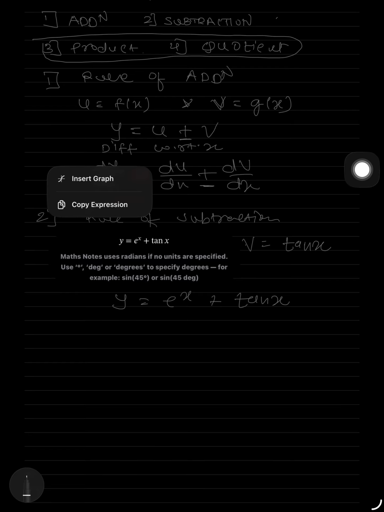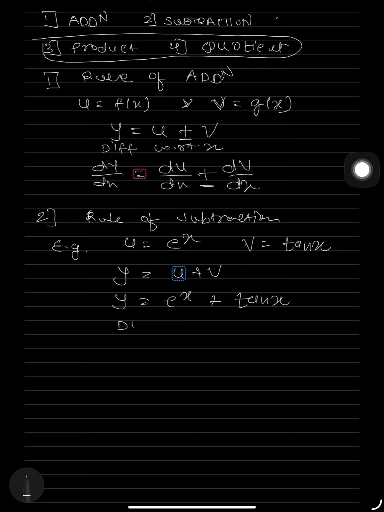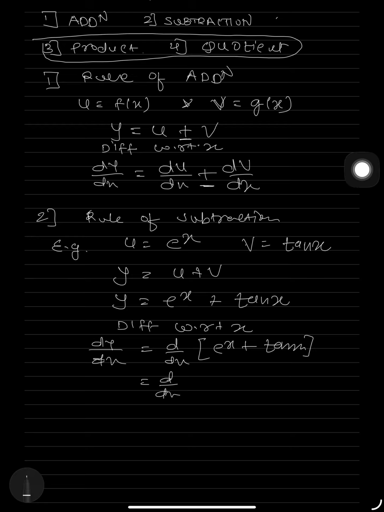If you want to find the derivative, differentiating with respect to x, dy by dx is equal to d by dx of e raised to x plus tan x. So this will become d by dx of e raised to x plus d by dx of tan x. Now we will go for the formula.